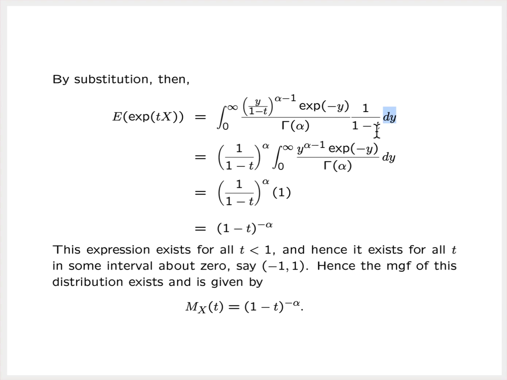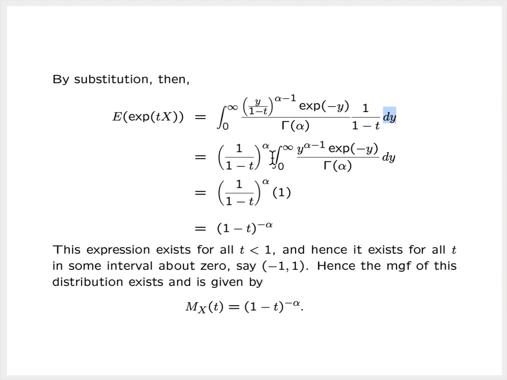We have one of the 1 over 1 minus t's here, and we would have 1 over 1 minus t raised to the alpha minus 1 power, and therefore when multiplied together, we would have 1 over 1 minus t raised to the alpha power. Then that's multiplied against the integral over the positive part of the real line of y raised to the alpha minus 1 power times the exponential function evaluated at negative y, all over the gamma function evaluated at alpha.